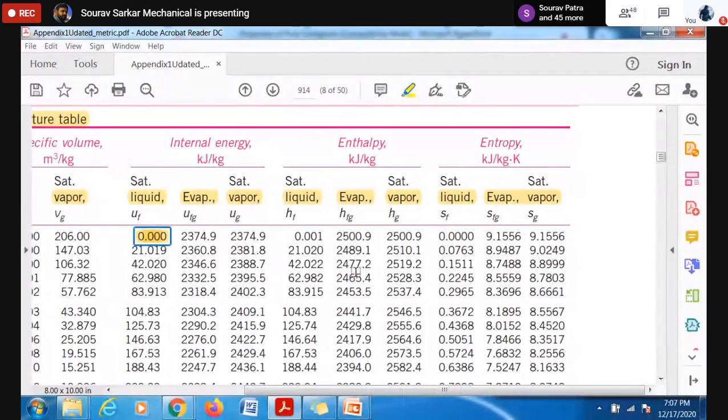But if you are at 200 degrees Celsius, you need less energy to convert into 200 degrees Celsius vapor. So that is the point I am trying to make: as you elevate your saturation temperature, you need less energy to convert into vapor. That is why the difference between these two lines is continuously converging. So this is the way you can physically understand it.